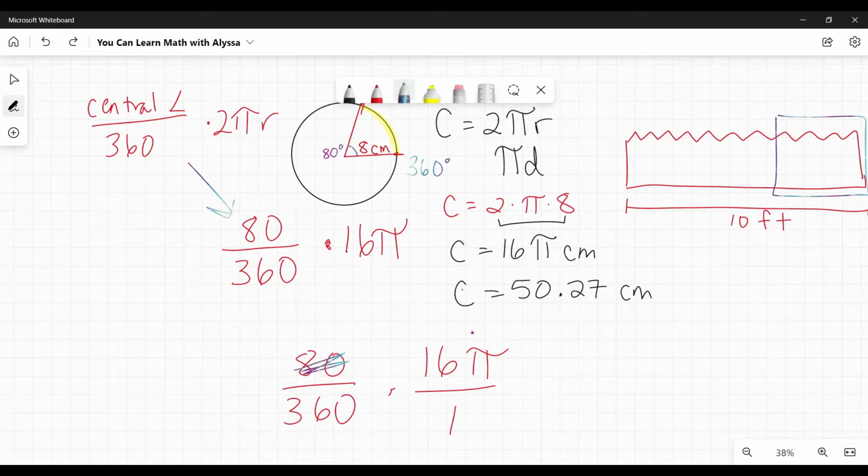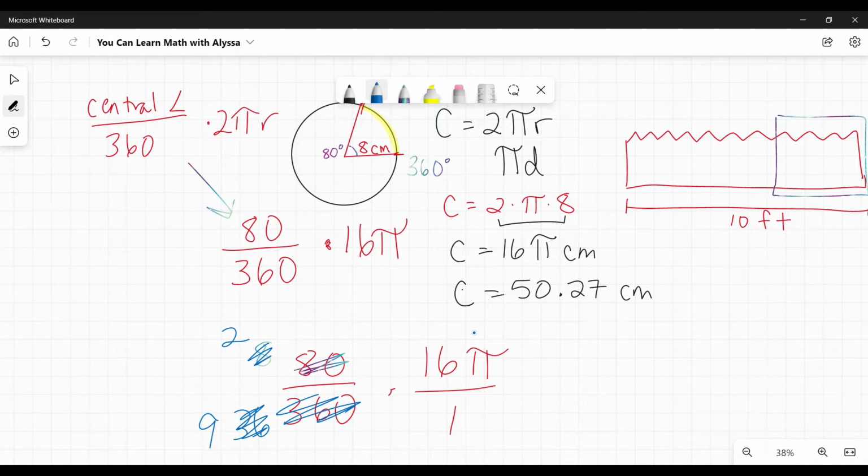80 divided by 10 becomes 8, and 360 divided by 10 is 36. Okay, that's helpful. Well, can I go a little better? What's the number that goes into 8 and 36? It's like 2. Is there anything bigger than that? 4. 4 goes into both of them. 4 goes into 8 2 times, and 4 goes into 36 9 times.